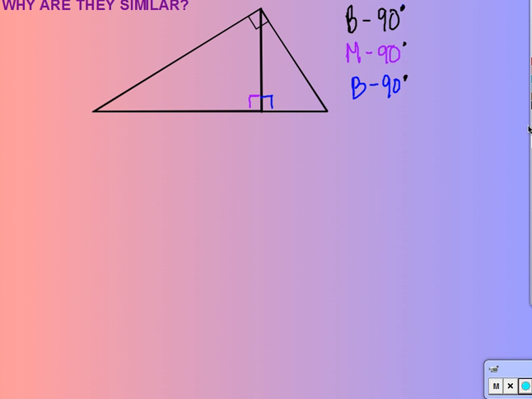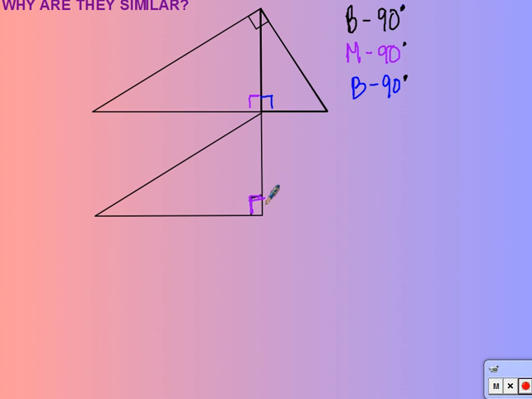All right, so now let's prove that the big black triangle is similar to this medium purple-sized triangle. Let me slide that down right here. Here you're going to see their right angle is here. Oh, it's supposed to be purple. What I want to point out is that they actually share this angle right here.